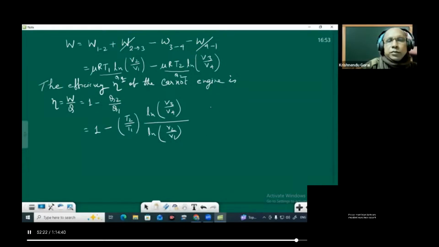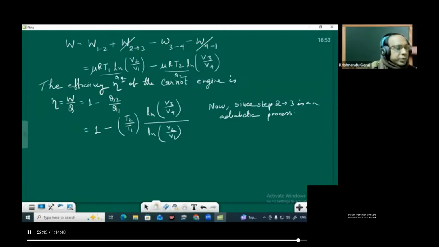Now since step 2 to 3 is an adiabatic process, and you know that in an adiabatic process, we have the formula PV to the gamma equal to constant. You know this one.